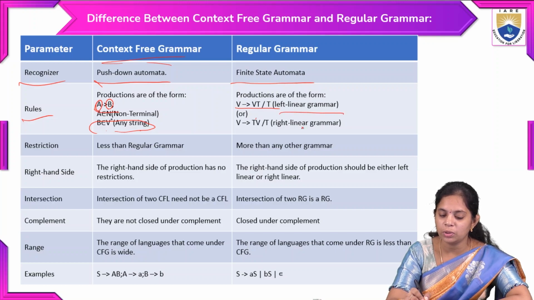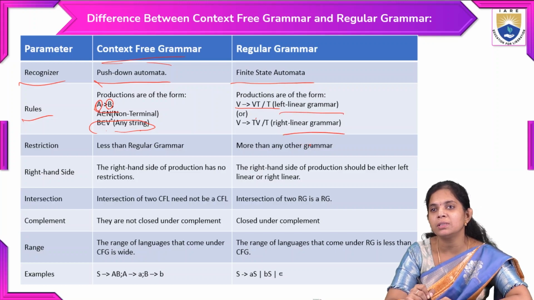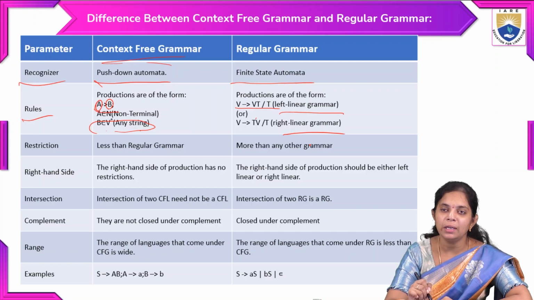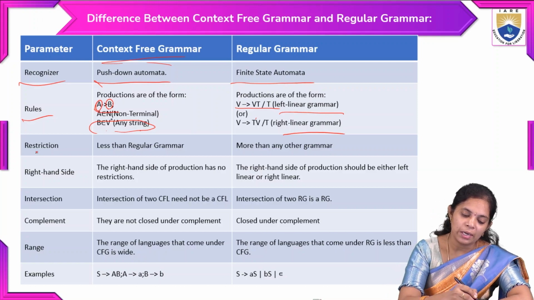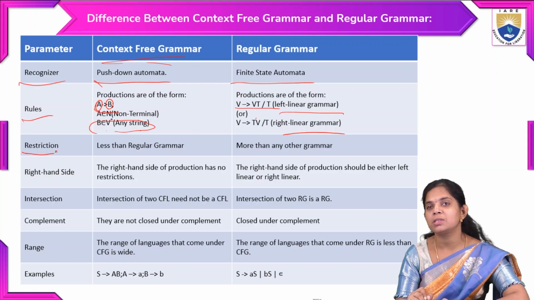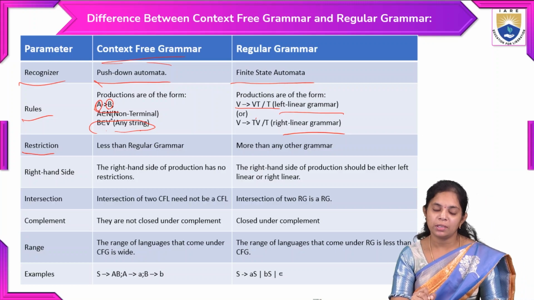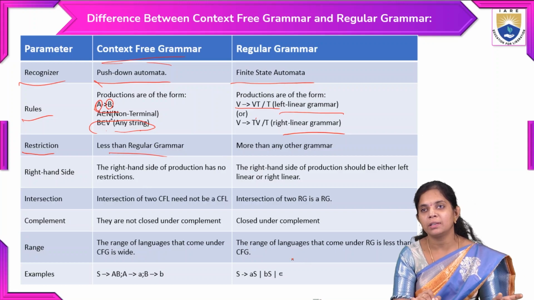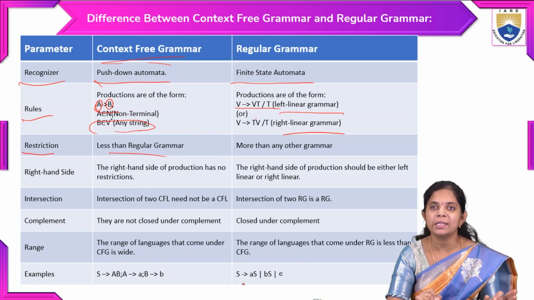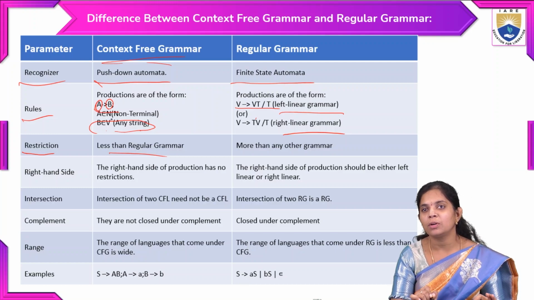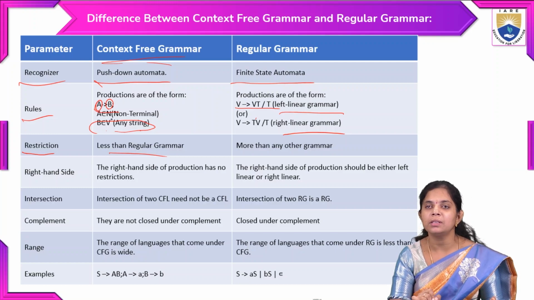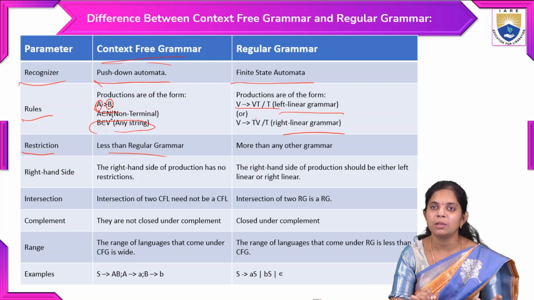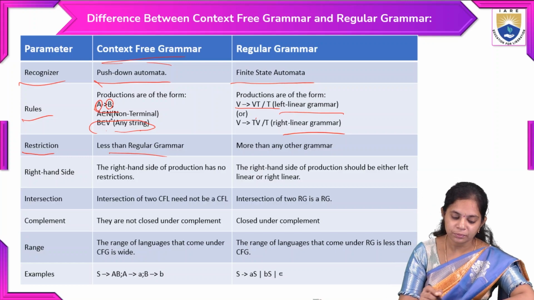So we have two different types of grammars. One is left linear grammar and the other is right linear grammar. And coming to the restrictions, compared with the regular grammar, the restrictions are less in the context free grammar. The regular grammars have more restrictions.